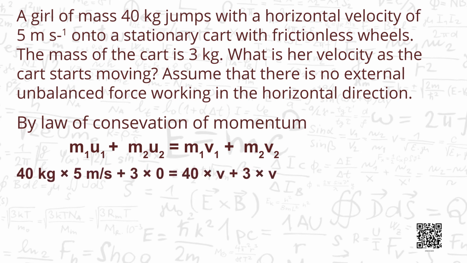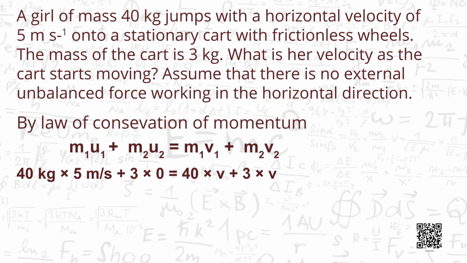Now substituting the values, for m1 we have 40 kgs and u1 is 5 meter per second. For m2 we have 3 and u2 is 0, and similarly on the right hand side m1 is 40, v1 is v, plus m2 is 3 and v2 is v.